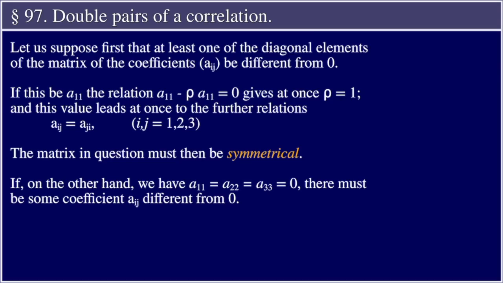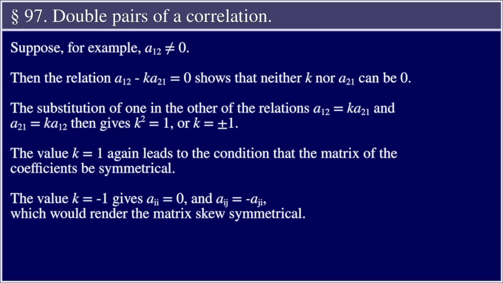If, on the other hand, we have a11 = a22 = a33 = 0, there must be some coefficient aij different from 0. Suppose, for example, a12 not equal to 0. Then the relation a12 − ka21 = 0 shows that neither k nor a21 can be 0. The substitution of 1 in the other of the relations a12 = ka21 and a21 = ka12 then gives k squared equals 1, or k is equal to plus or minus 1.